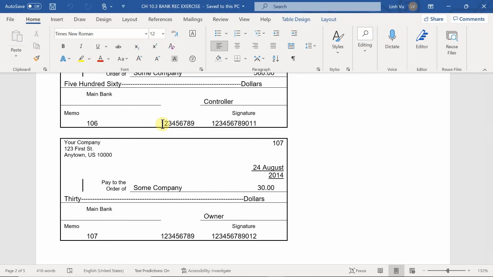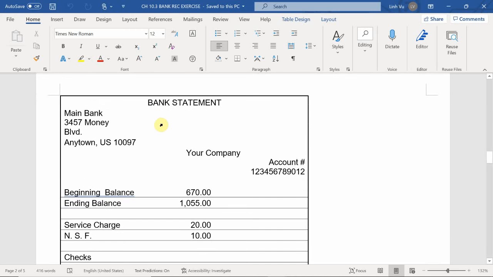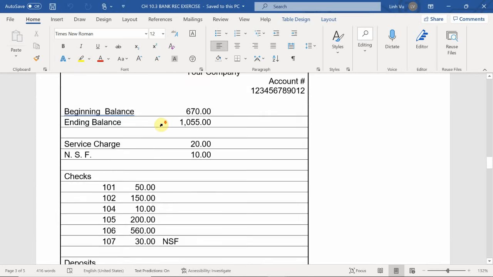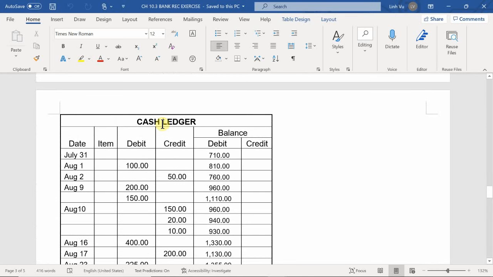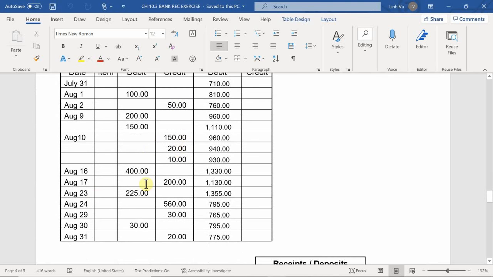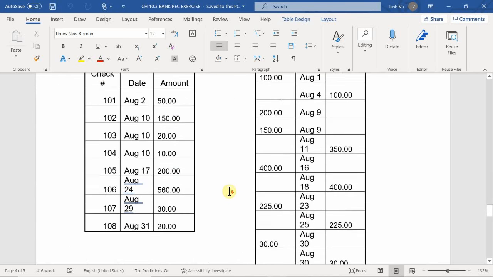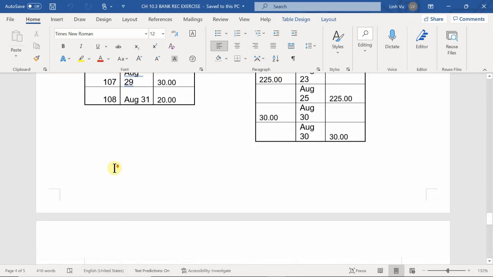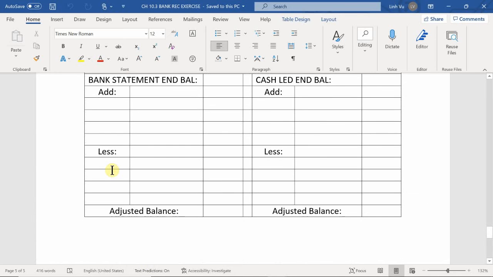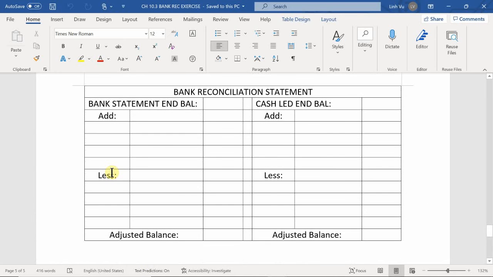You have your bank statement right here. In this case, I give you a cash ledger, so this is your ledger account. I also give you your deposit slips as well as your check register, and we're going to do a reconciliation.